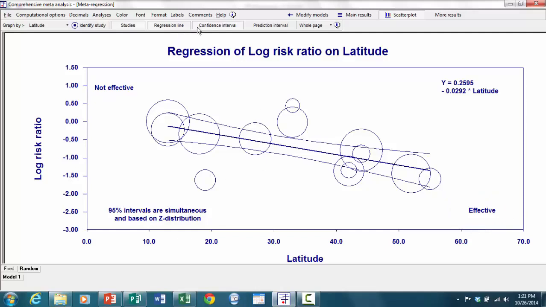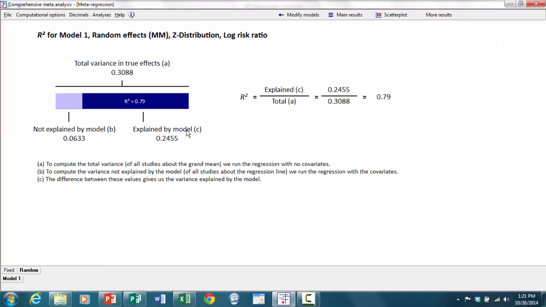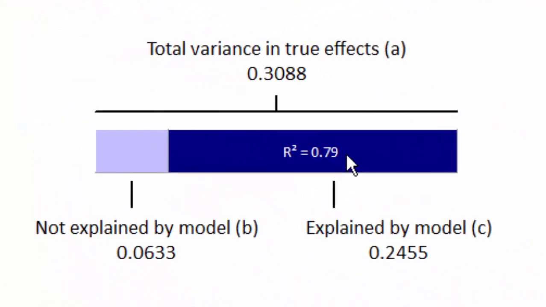The confidence interval is the 95% confidence interval, and it's based on the Z distribution. The program also shows us a schematic for R square. This tells us that R square is 0.79, which means that the covariate is able to explain around 79% of the variance in true effect sizes.